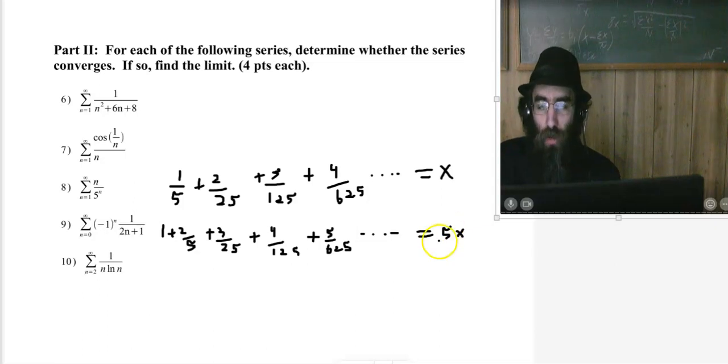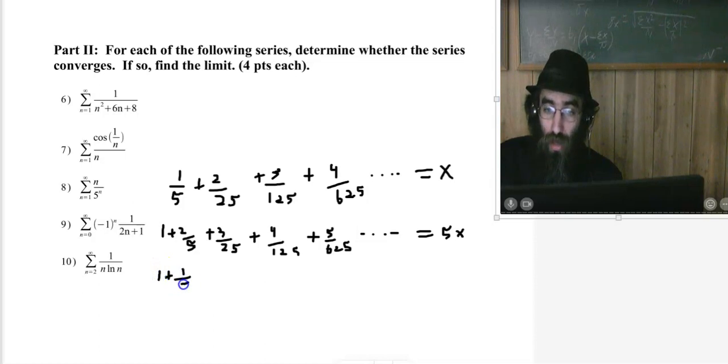To keep our numbers positive, let's subtract the top equation from the bottom. Now we get 1 plus 1 over 5 plus 1 over 25 plus 1 over 125 plus 1 over 625. We get the idea, equals 4x.